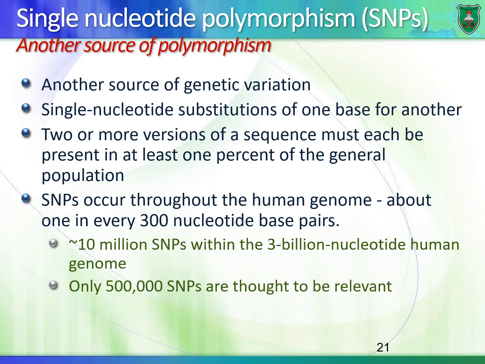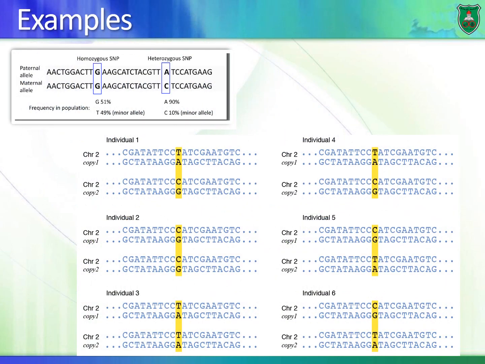So what do we mean by important or relevant? Well, let's see here. So here we have examples of SNPs. So you have an individual, for example, having this sequence. This person has, at a certain location that is known to be variable among individuals in a population, G and G on both paternal and maternal alleles.